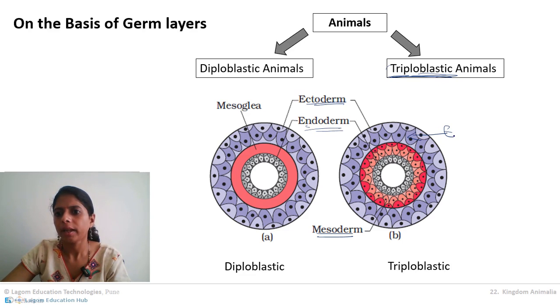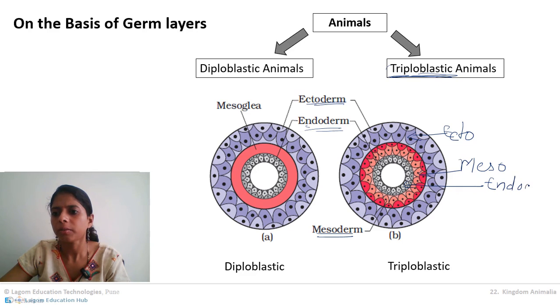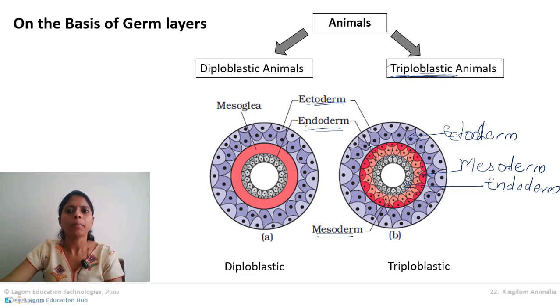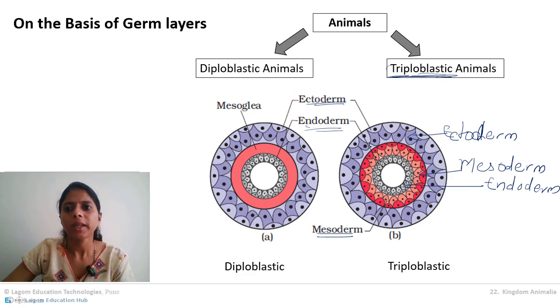I'll just write them for easy understanding. These are ecto, these are meso, and these are endoderm. So all three germ layers are found, so these animals are triploblastic. Excuse me for my handwriting. So a complete animal, all three germ layers, triploblastic.